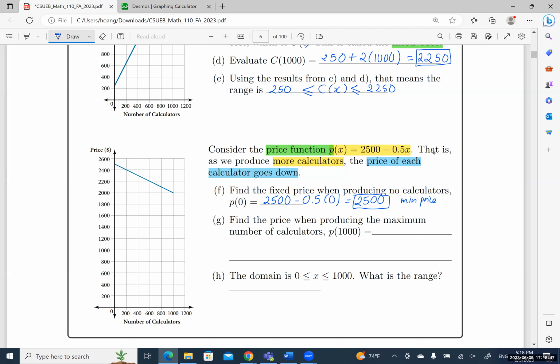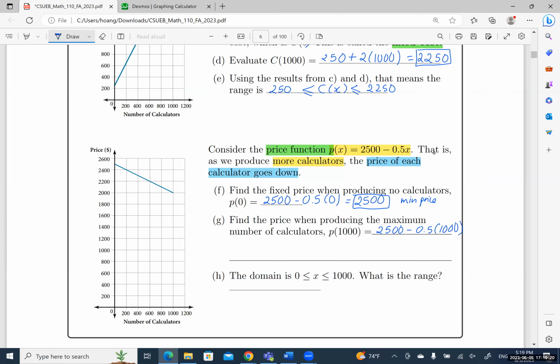Think about the price when you produce the maximum number of calculators. So P of 1,000. It's going to be 2,500 minus 0.5x. No, actually, no more x. It is changed to be 1,000.